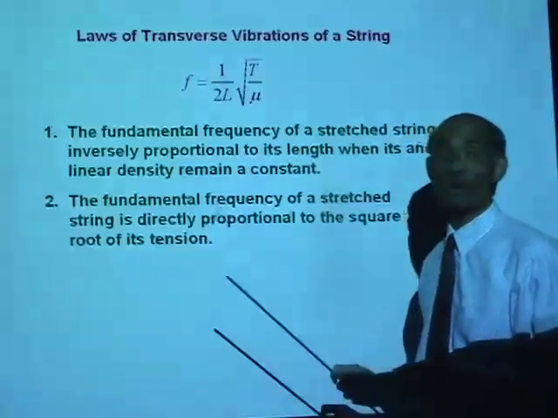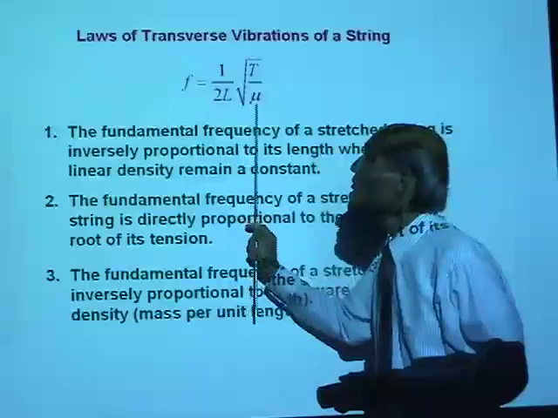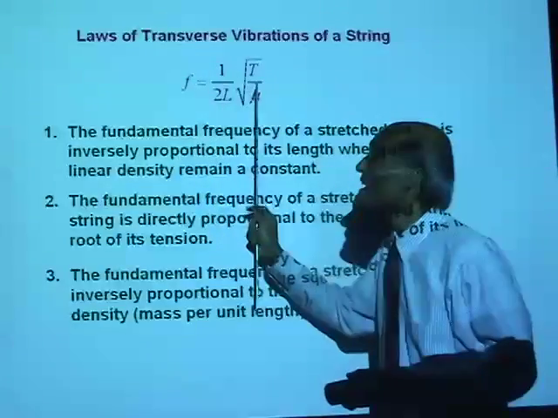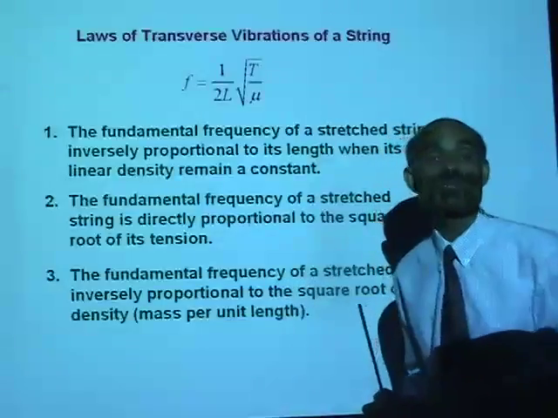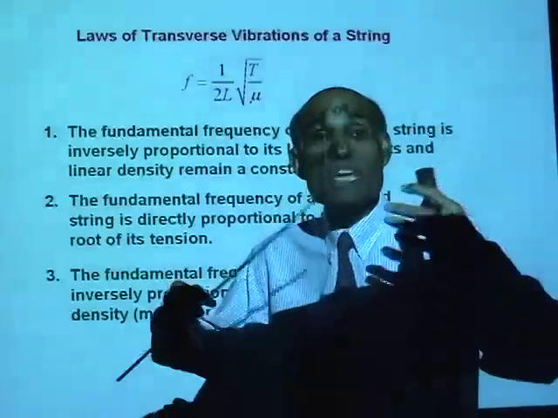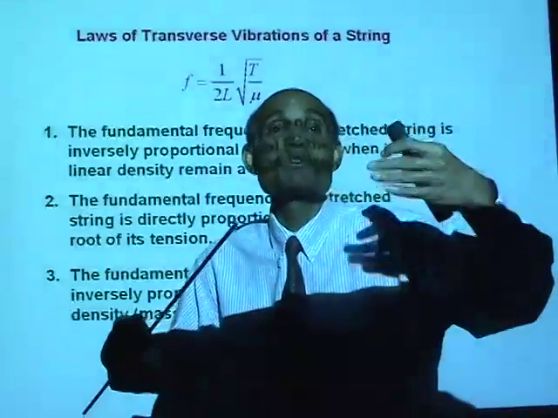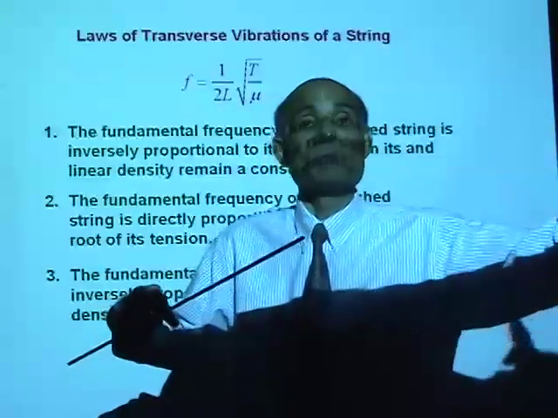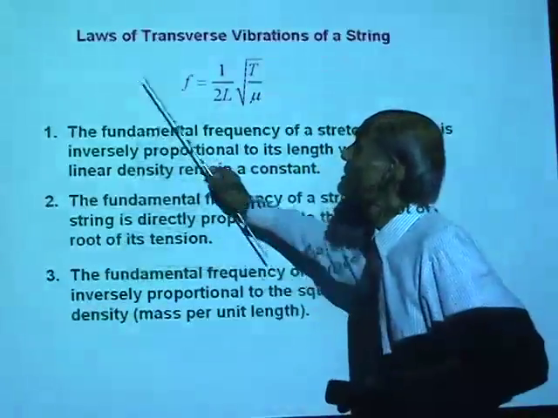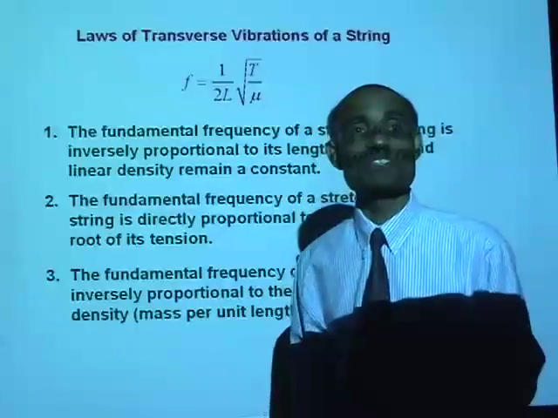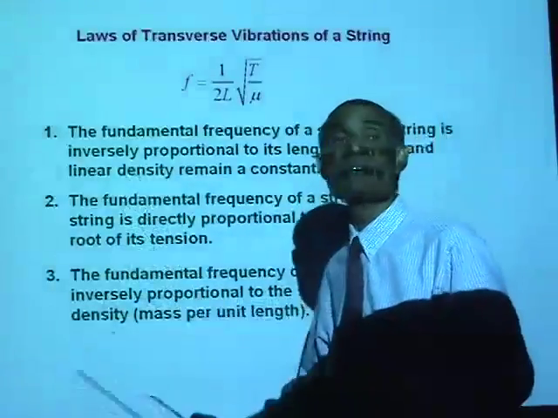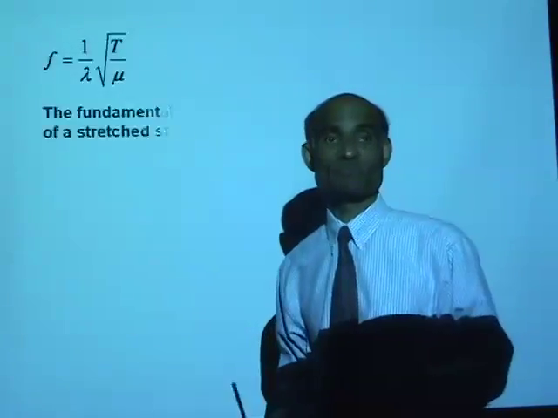And that is the second law. The third law is the frequency is inversely proportional to the square root of mu. That means a thicker wire will produce a lower frequency. So these are the three statements of the laws of transverse vibrations of a string. You must be familiar with those three laws.